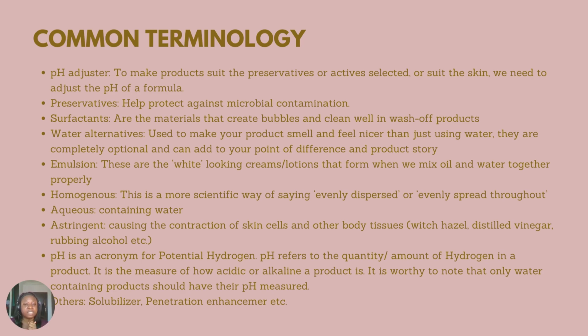We also have surfactants. Surfactants are the materials that create bubbles and clean well in wash-off products. So surfactants are basically like soaps. We have some examples of natural surfactants: sodium cocoyl isethionate, cocamidopropyl betaine, decyl glucoside. Those are surfactants, and they are used commonly in face wash and shower gel, in soaps generally.